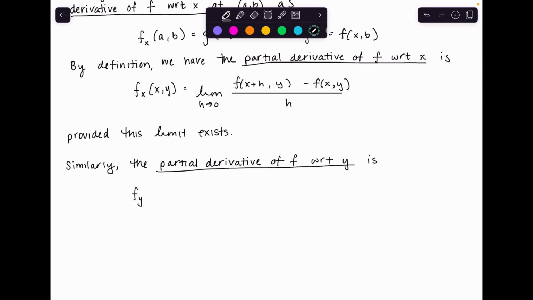To indicate y, we use a subscript of y, and it would be the same limit, but now we're going to apply that in the y component. So it's f of x, y plus h minus f of x, y all over h. And that first component dealing with x stays the same. Again, provided this limit exists.